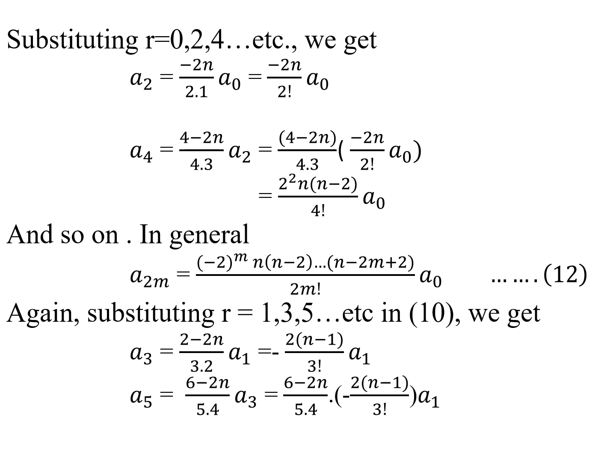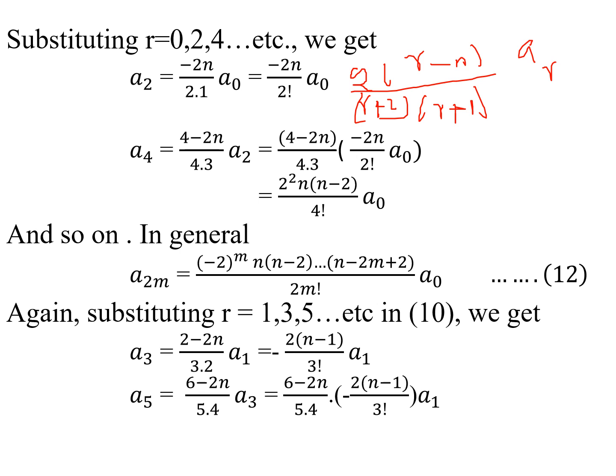in the equation a(r+2), that is 2(r-n) divided by (r+2)(r+1) into a(r), in this equation, this side a(r+2).